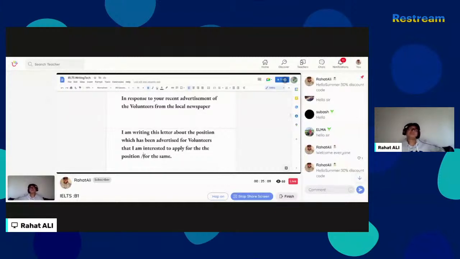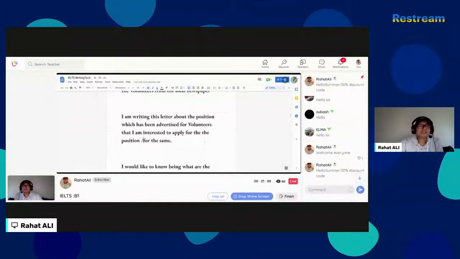Now remember, this is a voluntary job, unpaid, and with local children. You have to remember that these are very important for you to understand what you're going to write next.